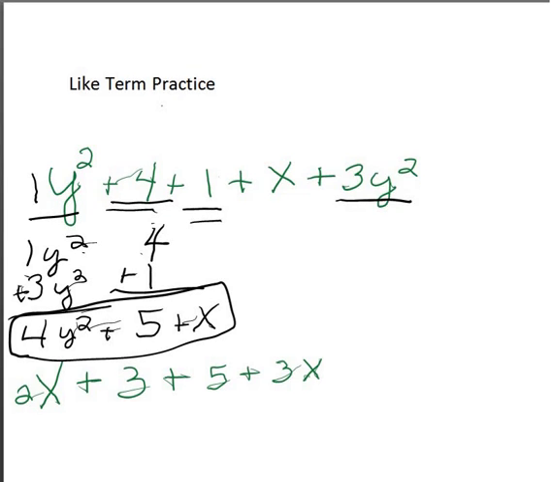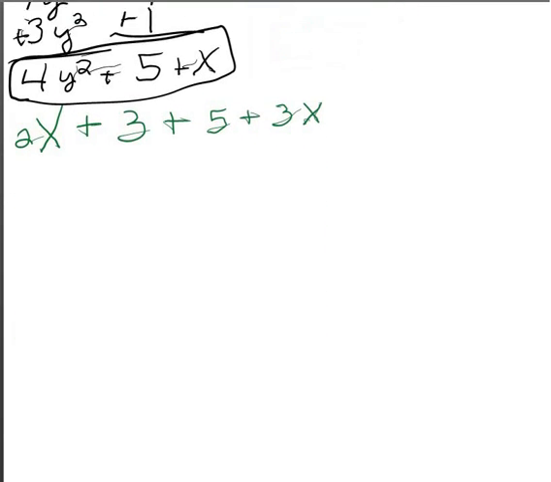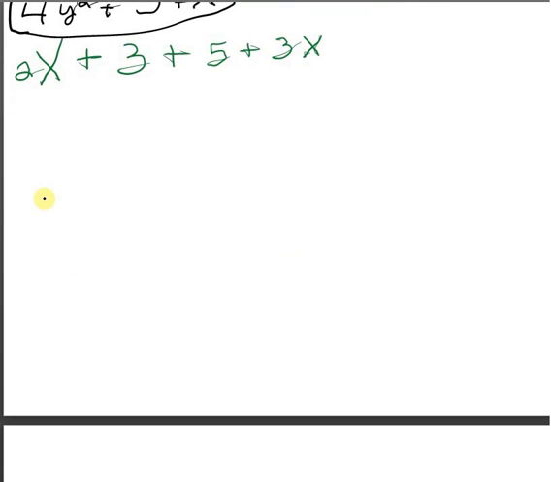Our next problem is going to be pretty simple. We already found this set right here, 2x and a 3x. They're like terms. And then also your constants right here, they're like terms.